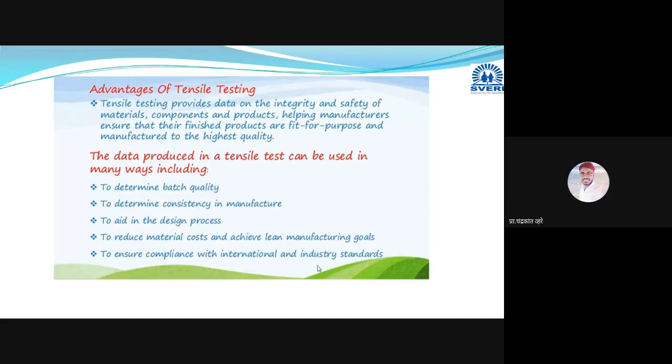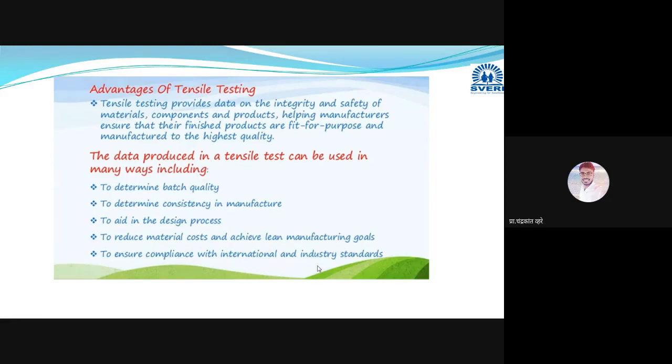Suppose you have produced a product in the market, but without testing you launched your product, and then customers face some problems. Then they will give a bad review to our product. So for that purpose testing is always necessary, because we ensure that our product has the highest quality as compared with the competitor.